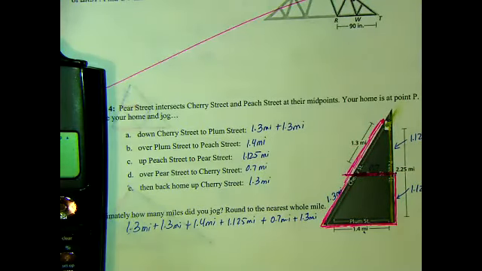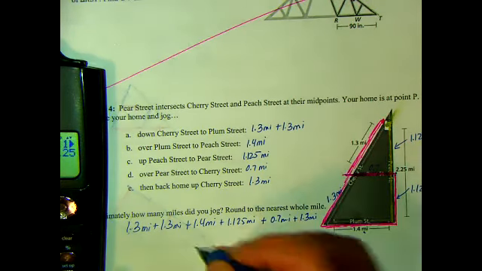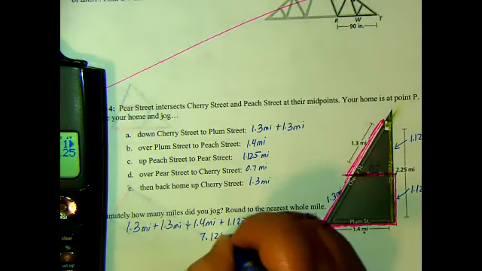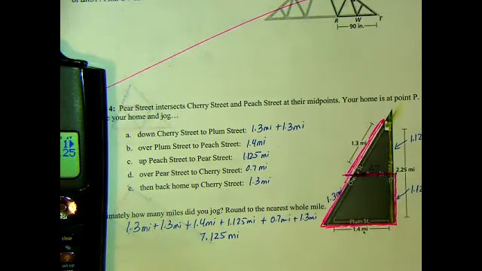That's 7.125 miles. It says round to the nearest whole mile. Rounding to the whole, that's approximately 7 miles.